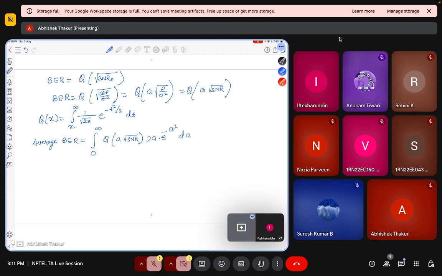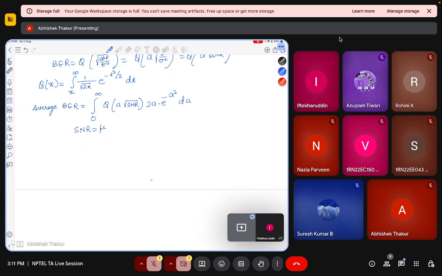Okay. So now here we can write SNR as mu. So this term we can write as integral from 0 to infinity of Q of A square root of mu times 2A e to the power of minus A square dA.